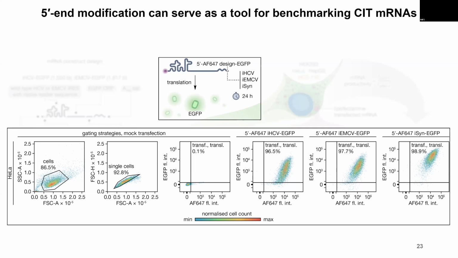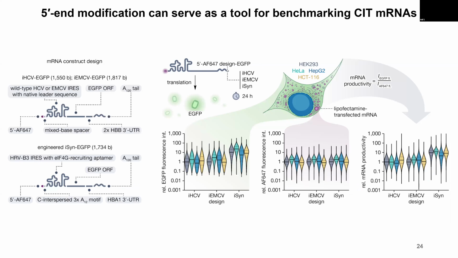We can very conveniently use flow cytometry to assess the fluorescence of those two reporters at a single cell level, and we can compare different elements promoting CAP-independent translation. For example, in this study, we compared 3 different designs of the mRNA incorporating 3 different viral IRESes, and we compared how they perform in 4 different cell lines.